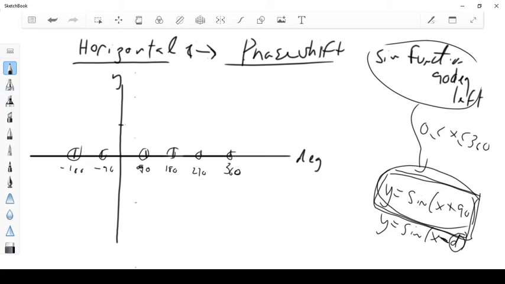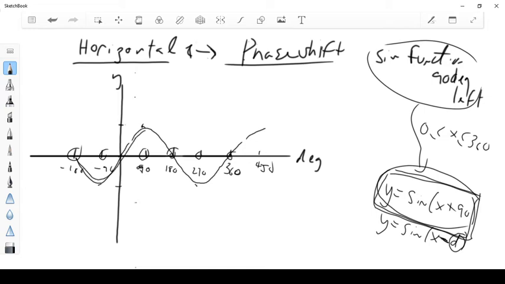The first thing I do is draw in my parent function. My parent function will simply be that sine function that I have hopefully memorized, right? So, here, here, here, here, here. So it's going to look something like that. And then on the flip side over here, it'll do something like this, okay?